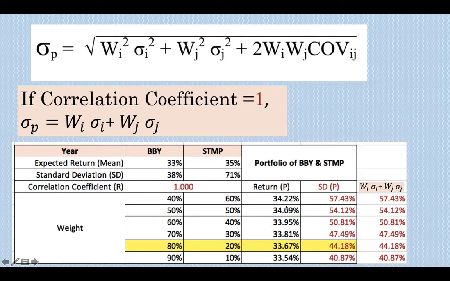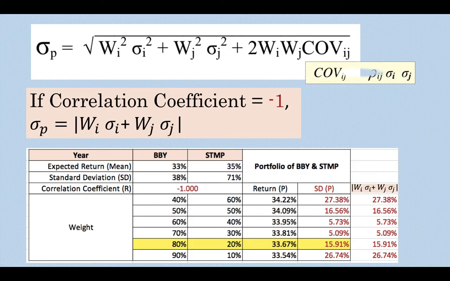I plugged it in here. You can see the return does not change, but the standard deviation at 50-50, compared to 38% before, is now 54%. So if they are perfectly correlated, you basically cannot reduce their risk a lot.